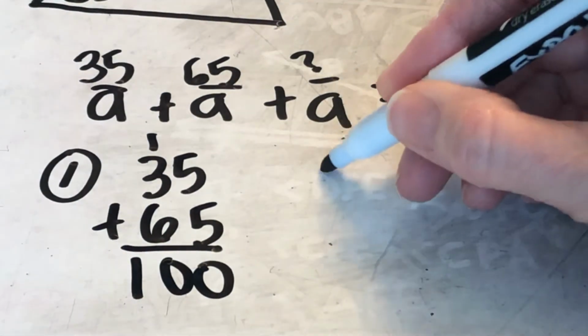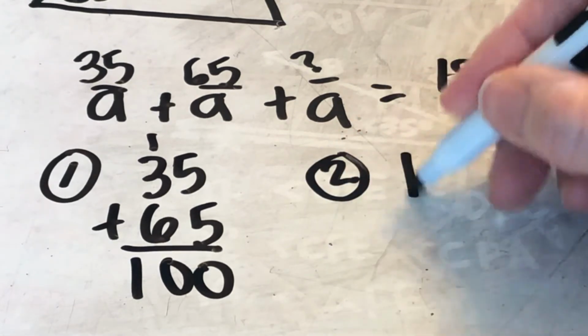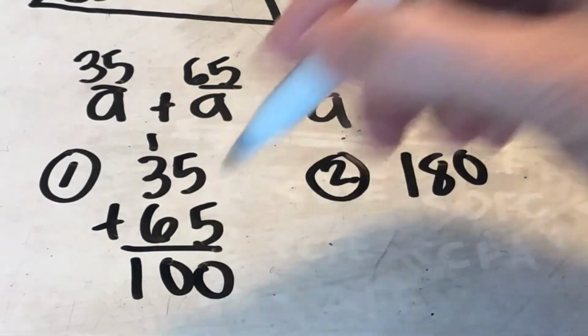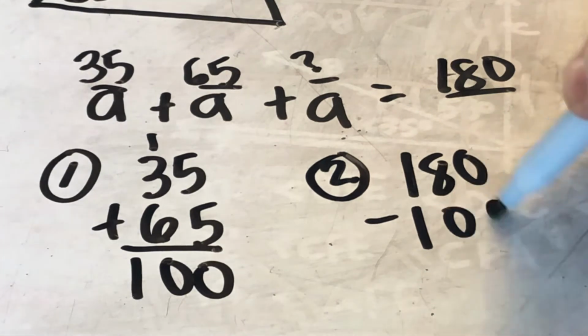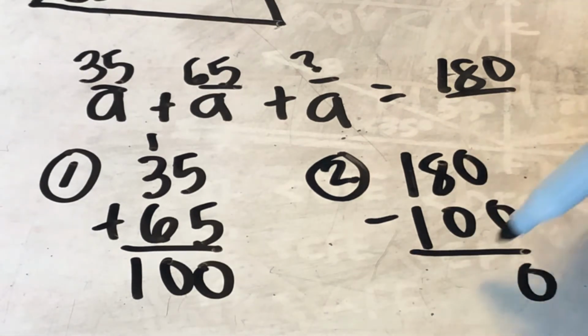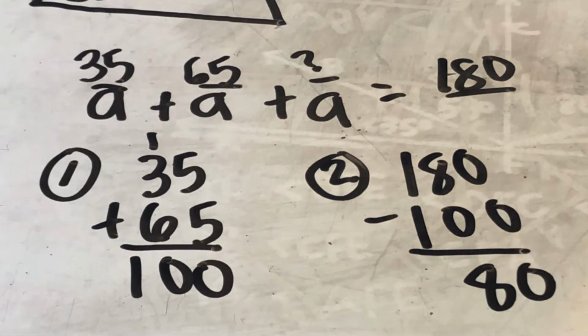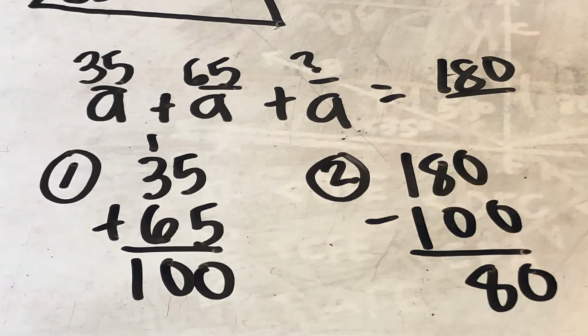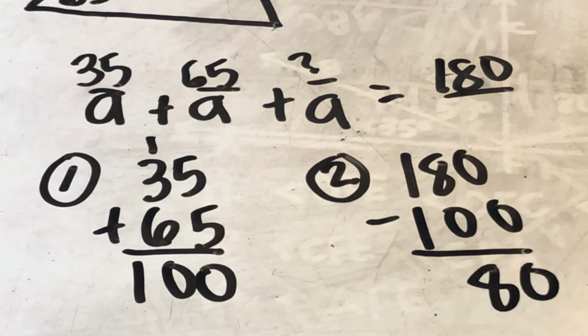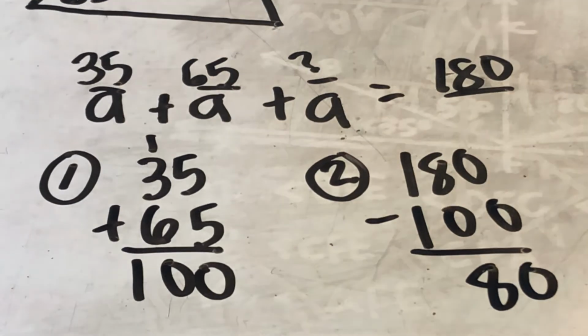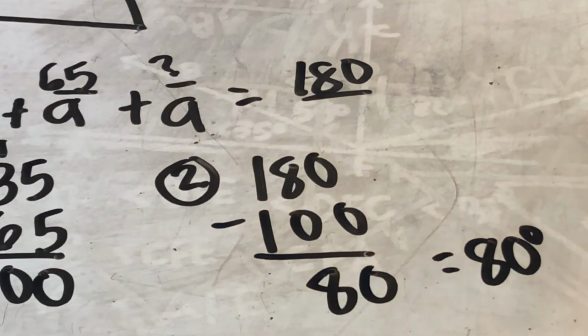So step two, I need to take my 180, that's my answer, and I'm going to subtract what I already have. And that leaves me with 80. So I know that my missing angle is going to be 80 degrees. It doesn't matter what kind of triangle you have. Let's do one more of these, because you're going to have to do these today, and I'm going to draw an obtuse triangle.